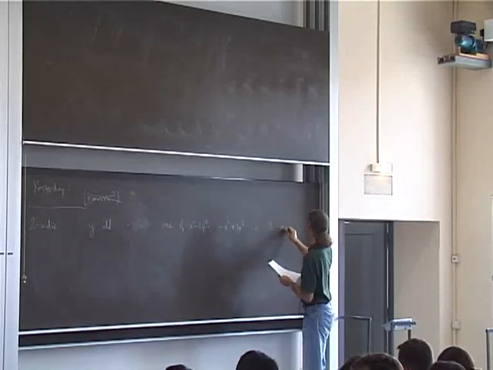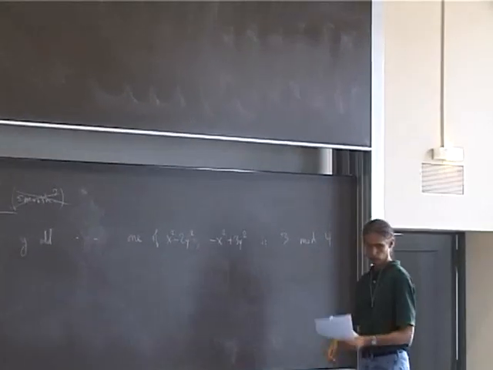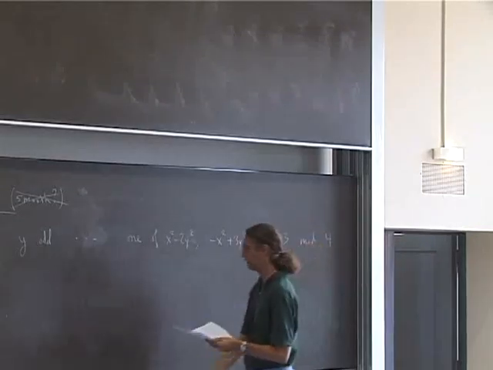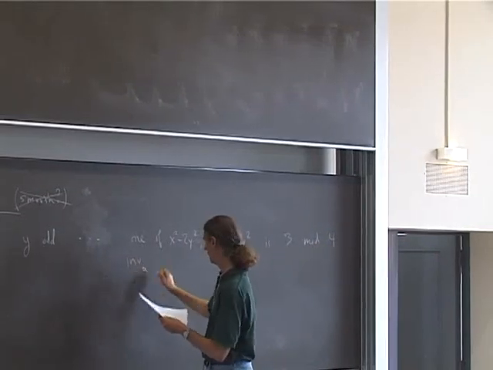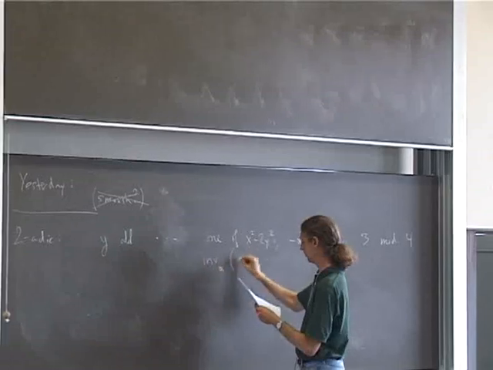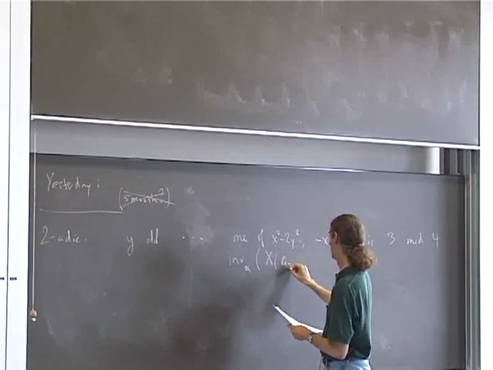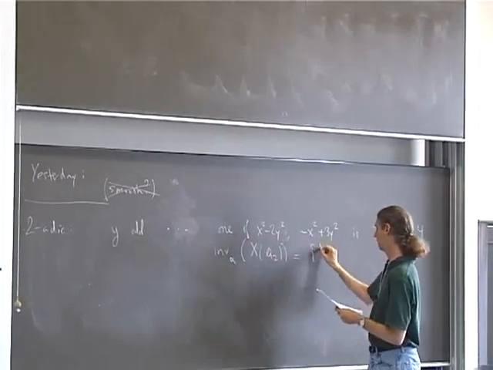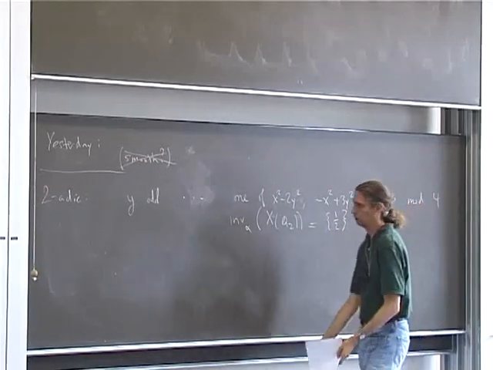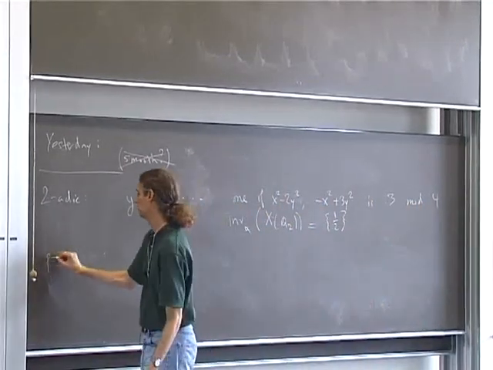Anyway, it's something like 3 mod 4, and so the local invariant is always 1/2.